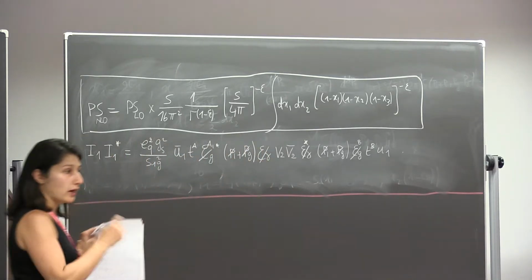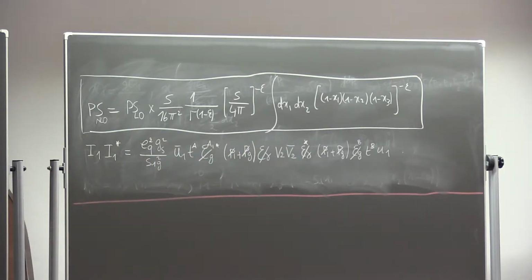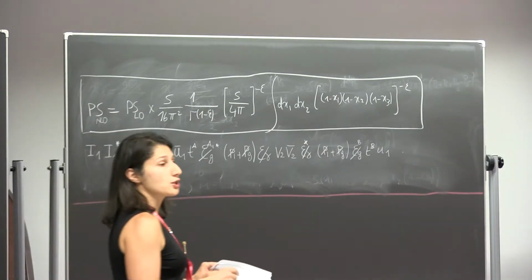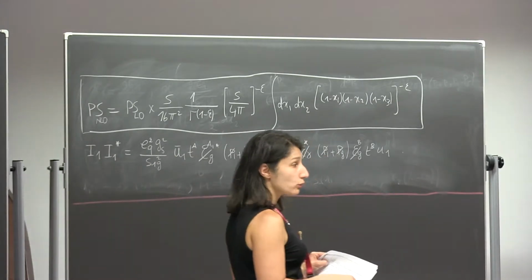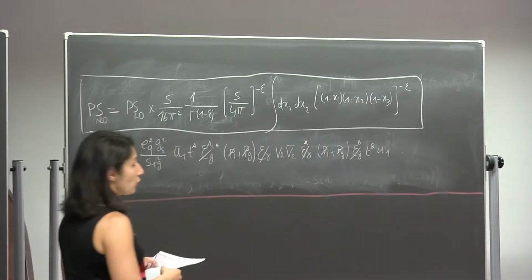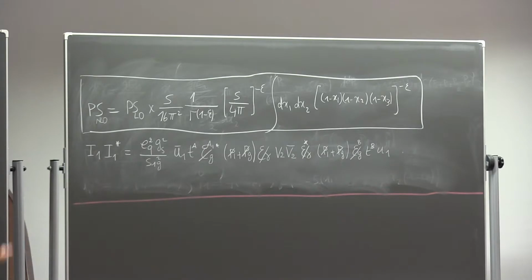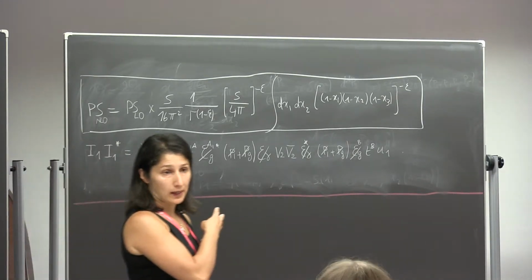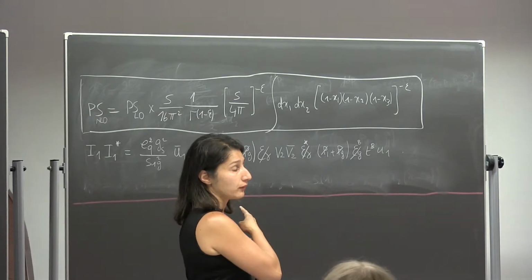So that's the square, this is I1 times I1 star. And then we are going to use the usual spinor identities. U U bar equals P slash for a massless quark. V V bar equals also P slash, the momentum corresponding to the V for a massless quark. And we will also replace the sum over the polarizations for the gluon and the photon. Okay?